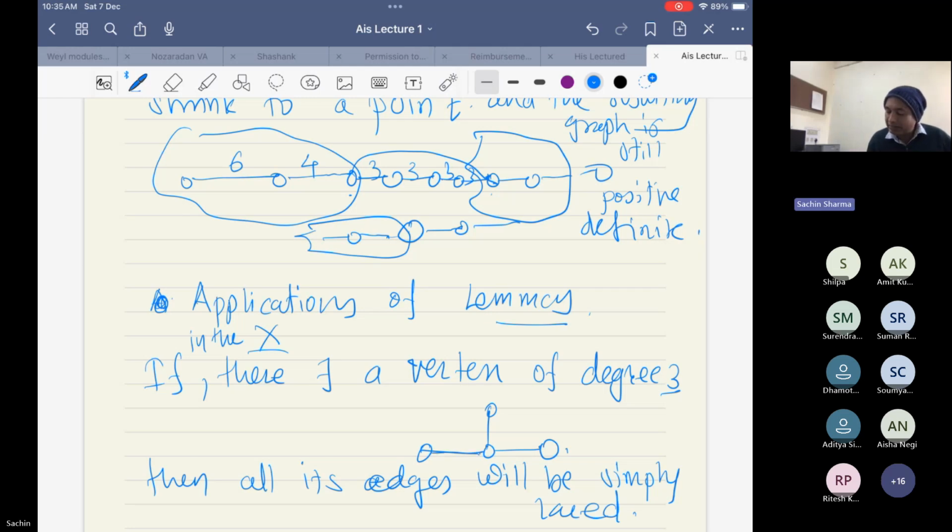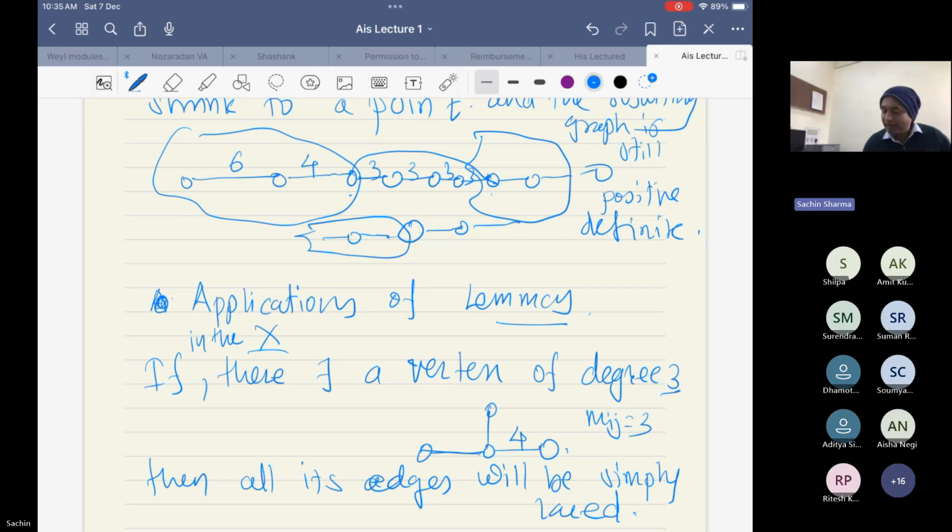You can't have a double edge. I mean, you can't have a 4 or a 6 here. These kinds of numbers you will not have. Your mij will always be 3. So this case is nullified.